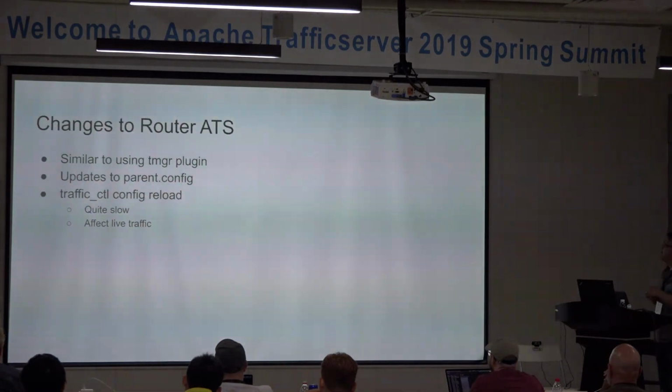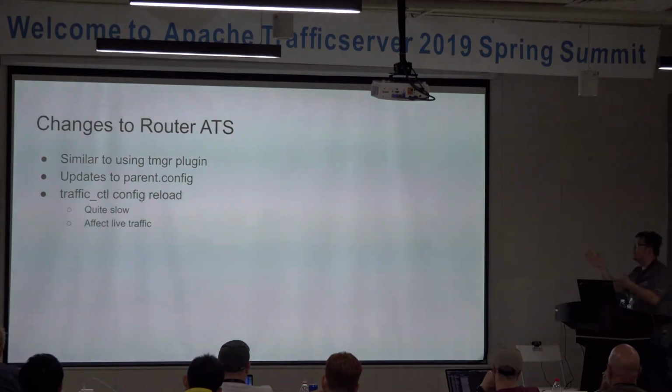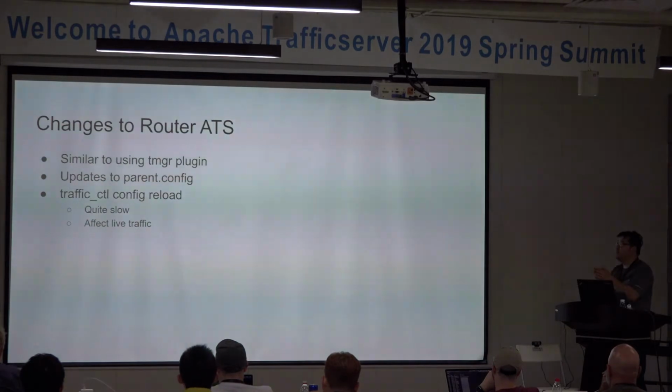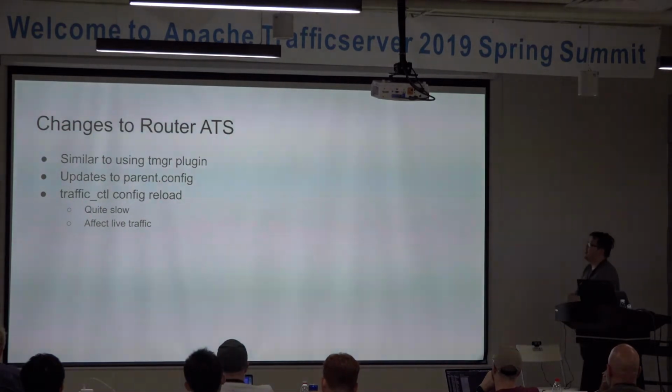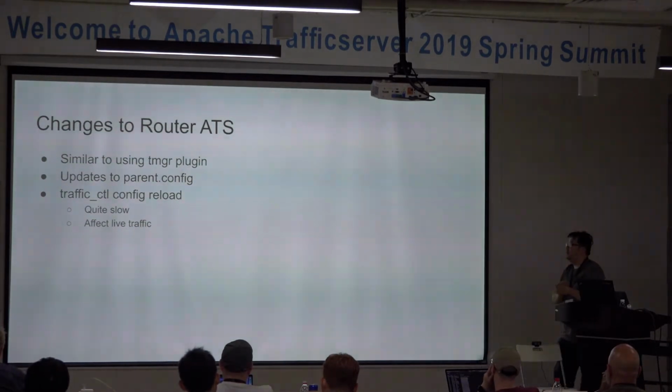All right. So now our caching ATS is all good, right? Before we can claim victory in our phase 2, one other thing is that our router ATS needs to recognize that our caching ATS is now in Kubernetes. Even though the router ATS is not in pods or Docker images, it still needs to talk to Kubernetes to know how many caching ATS I have to talk to. And then we dynamically update our parent.config based on that.